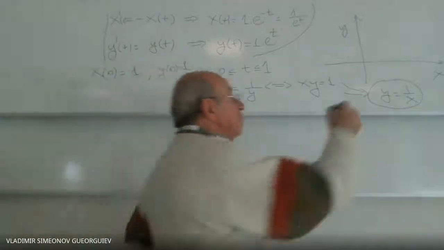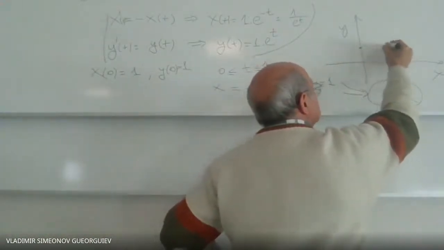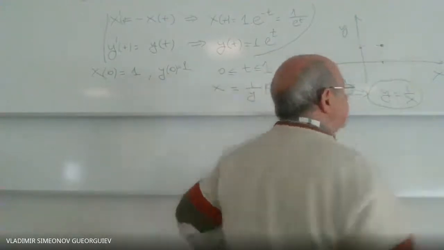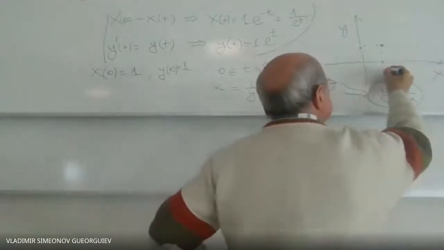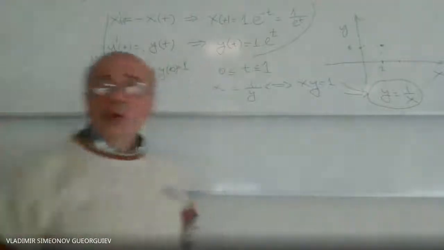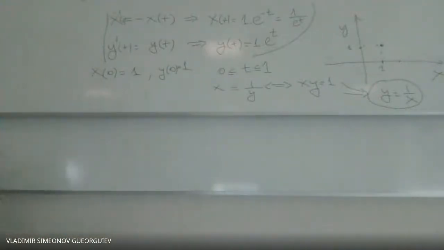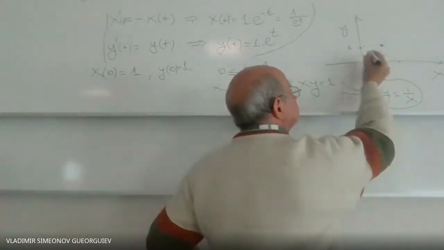For example, when we have 1, 1, we said this is our initial point. This is one point of the graphic. So this is 1, and this is 1. If I take x 2, what shall be epsilon? 1/2. Therefore, it shall be much smaller, half of this.